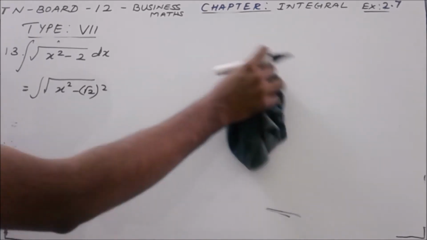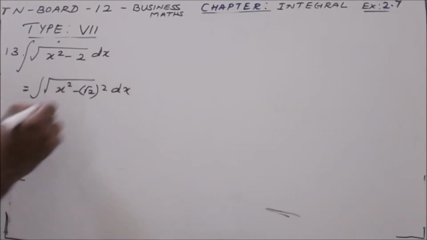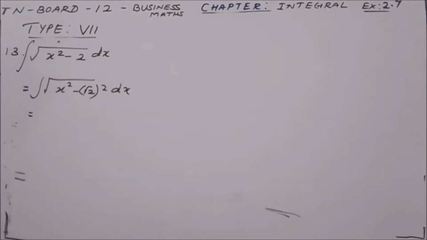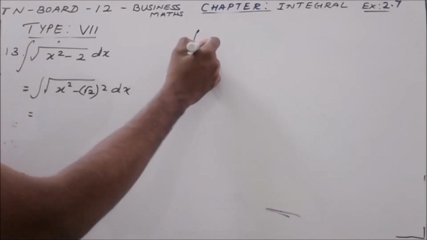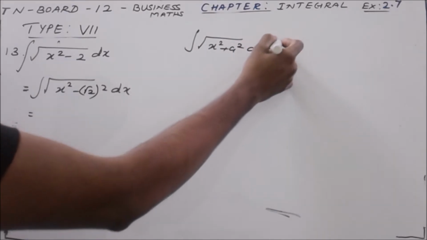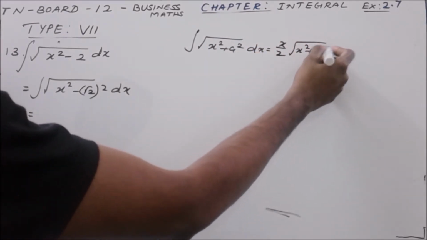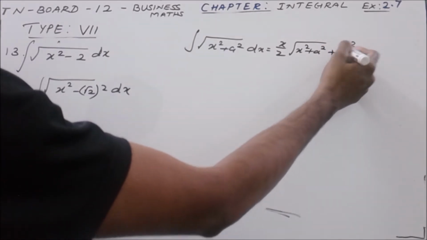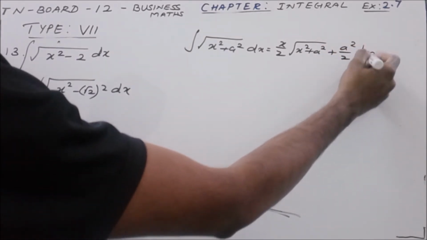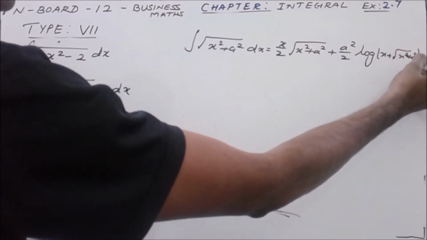Now this is in the form of the integral of root of x square minus a square dx. Just now we had a formula: the integral of root of x square plus a square dx is equal to x by 2 root of x square plus a square plus a square by 2 log of modulus of x plus root of x square plus a square.